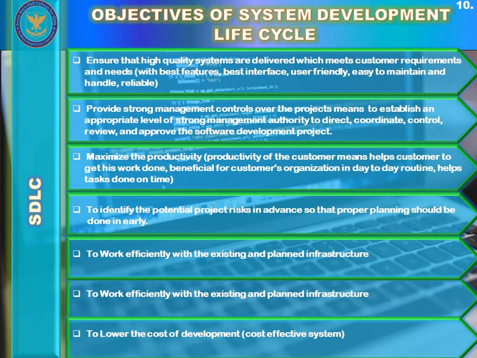Now, after the importance of SDLC, we would discuss the objectives of SDLC. A system development lifecycle has certain primary objectives, which are that SDLC ensures that high quality systems are delivered, which actually meet the customer requirements and needs with best features, a user-friendly interface, easy to maintain and handle operations of that software or system, and that system should be reliable.